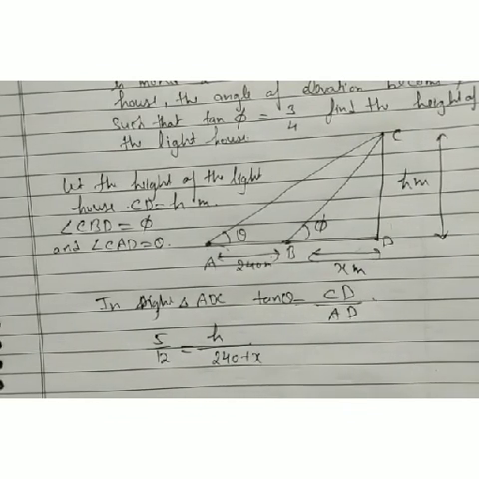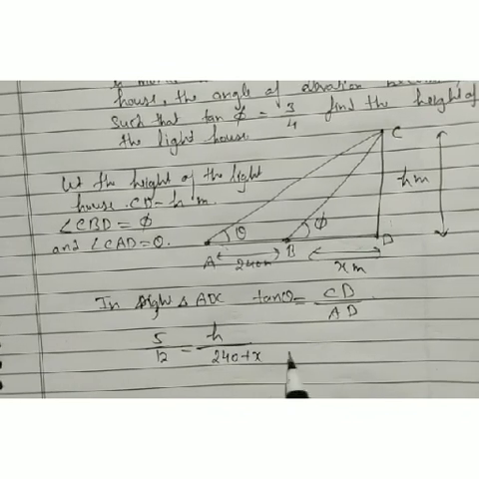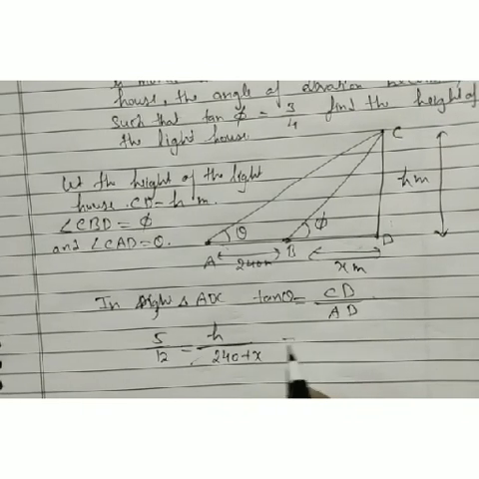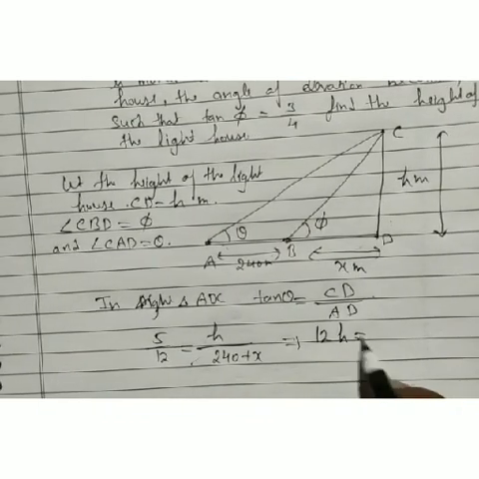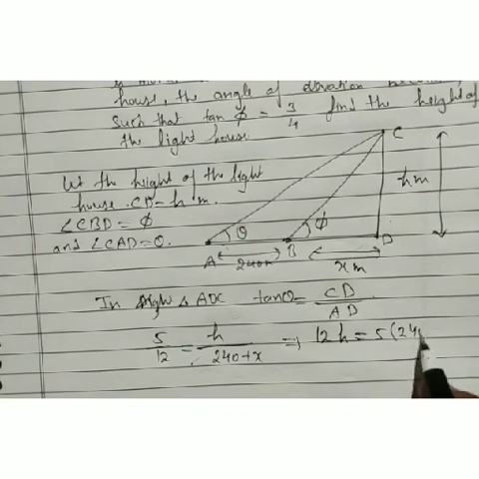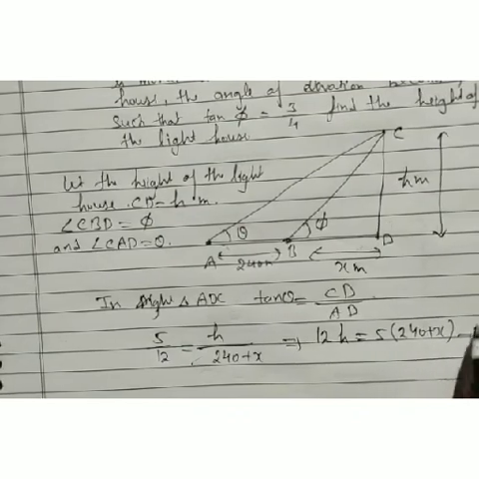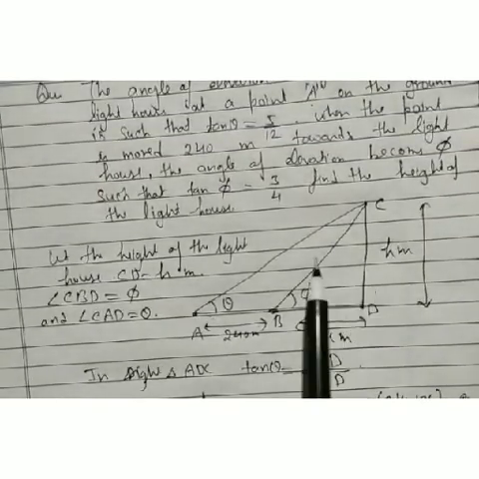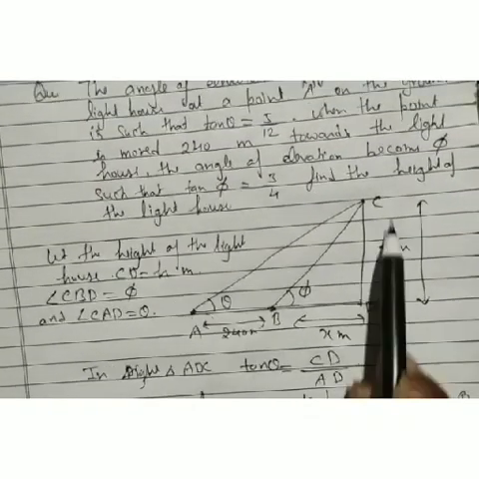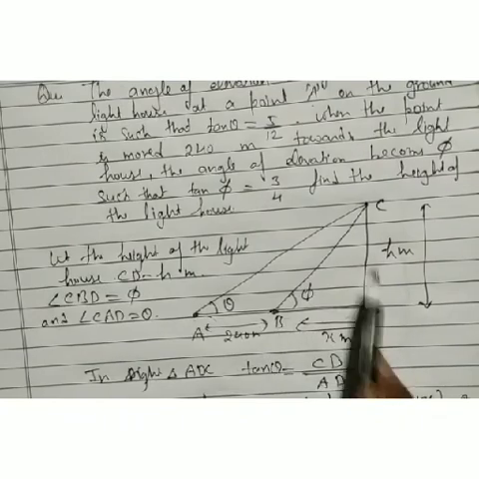Now after cross multiplication, here we have 12h equal to 5 times (240 plus x). Take this as our equation 1. Now we have taken the complete angle ADC. Then now we are going to take triangle BDC.